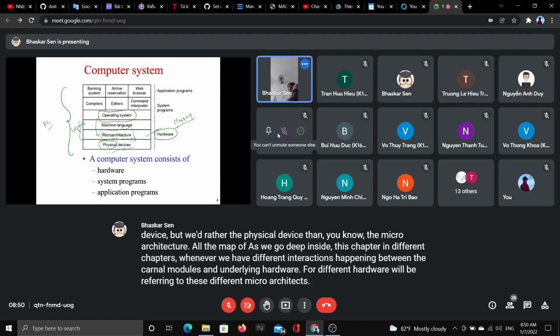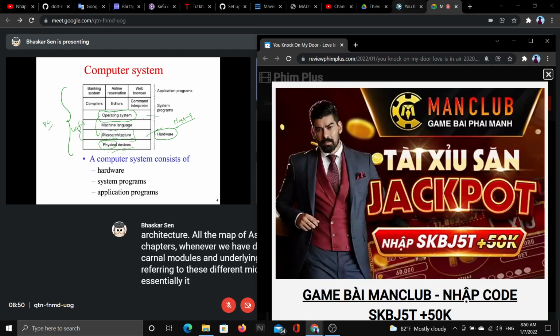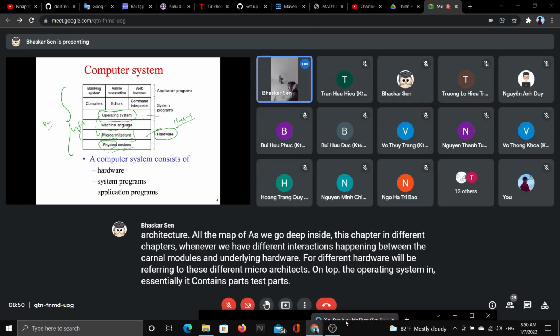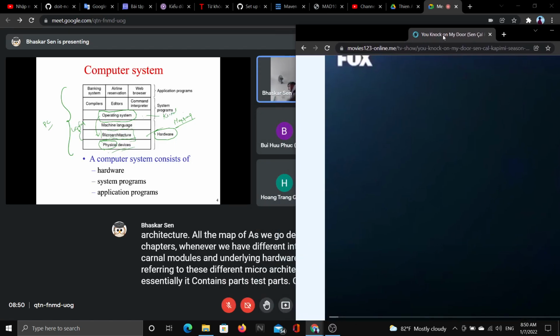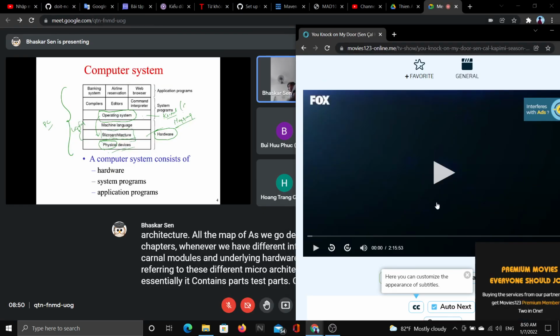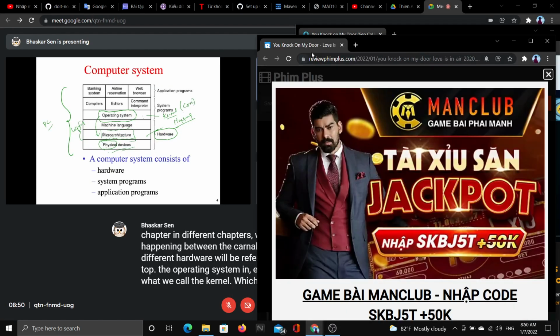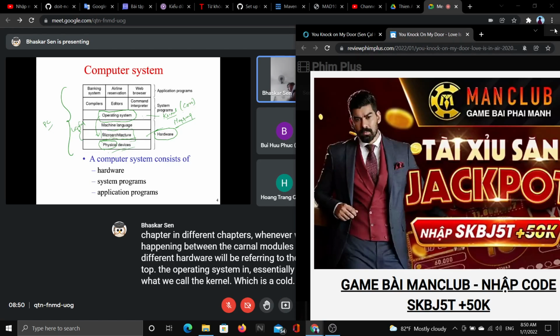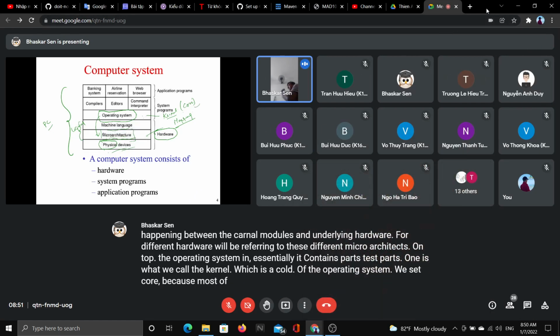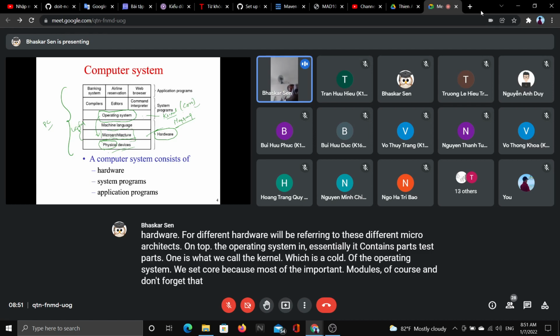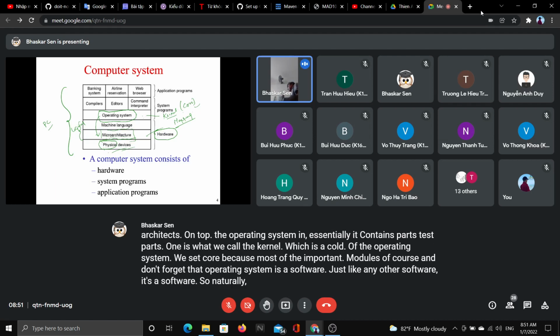On top, the operating system essentially has two parts. One is what we call the kernel, which is the core of the operating system. We say core because most of the important modules of code are there, and don't forget that an operating system is software, just like any other software. And actually, this software too is full of code and full of modules of code.